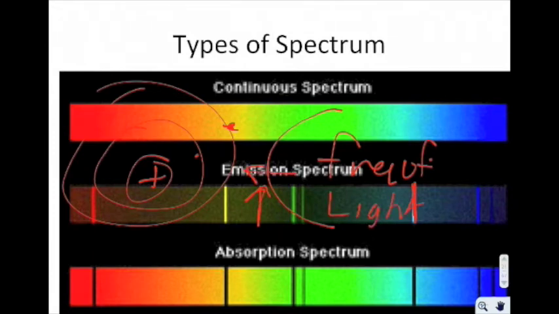But the atom can only absorb energy that is equal to this transition level. So that energy of that frequency is absorbed and makes the electron go up to a higher level. So it produces a gap whenever you read the spectrum. So the emission spectrum and the absorption spectrum show the exact same information, just in a different way. You should be able to draw the emission spectrum given the absorption, or the absorption if you were given the emission.